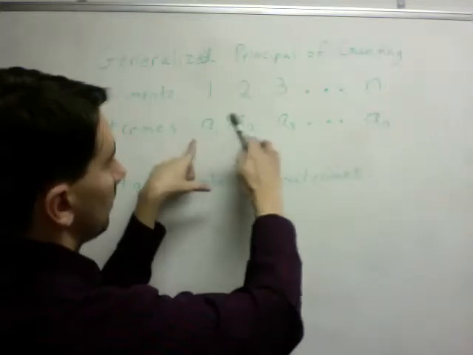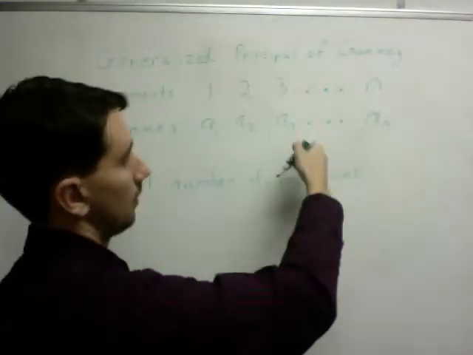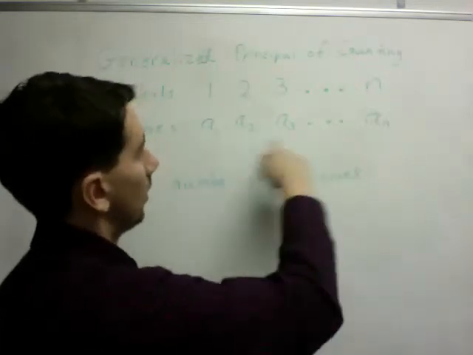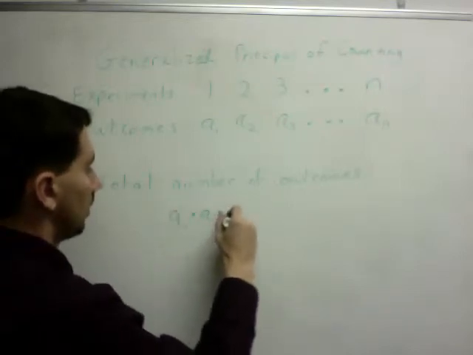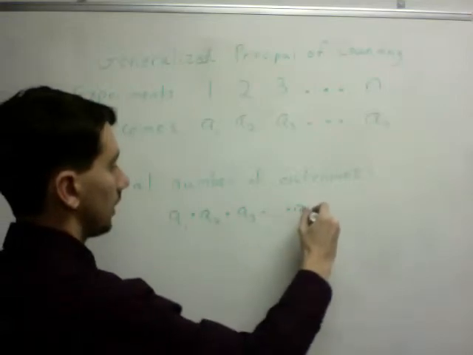So we end up with the product A1, A2, A3. And then just inductively we get for 4 A1 times A2 times A3 times A4, on down to AN. So the total number of outcomes is A1 times A2 times A3 and so on times AN.